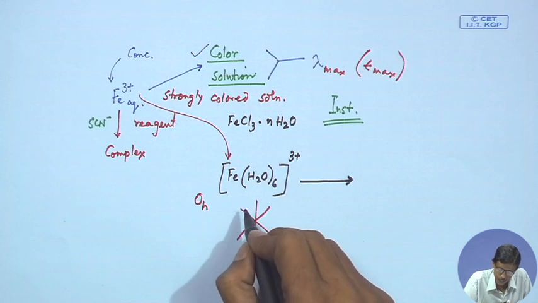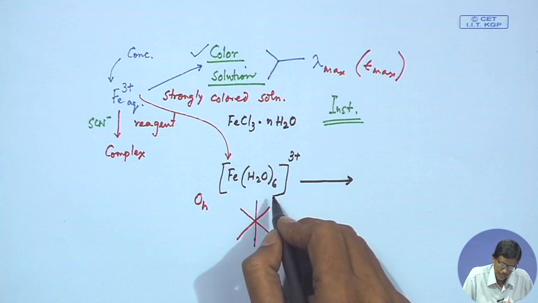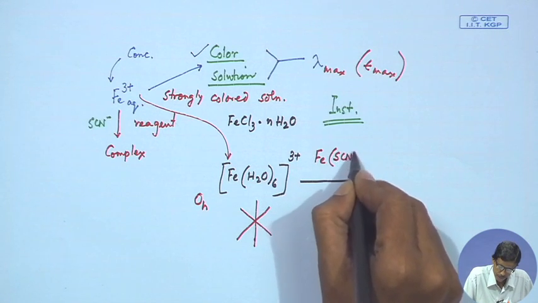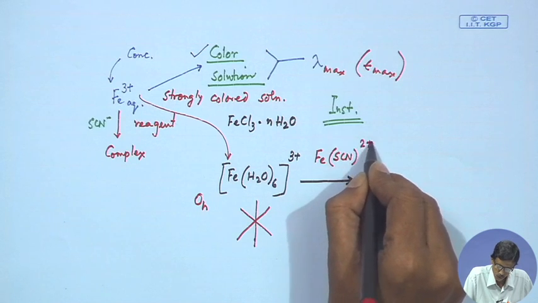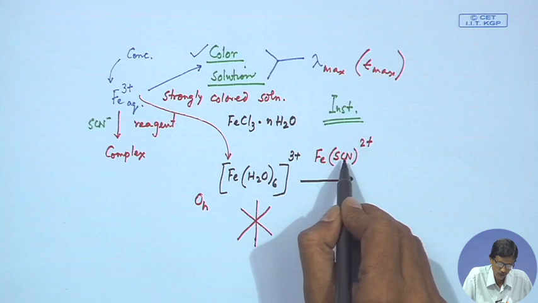When we write FeSCN2+, the charge is 2+, that means one of the charges is neutralized.